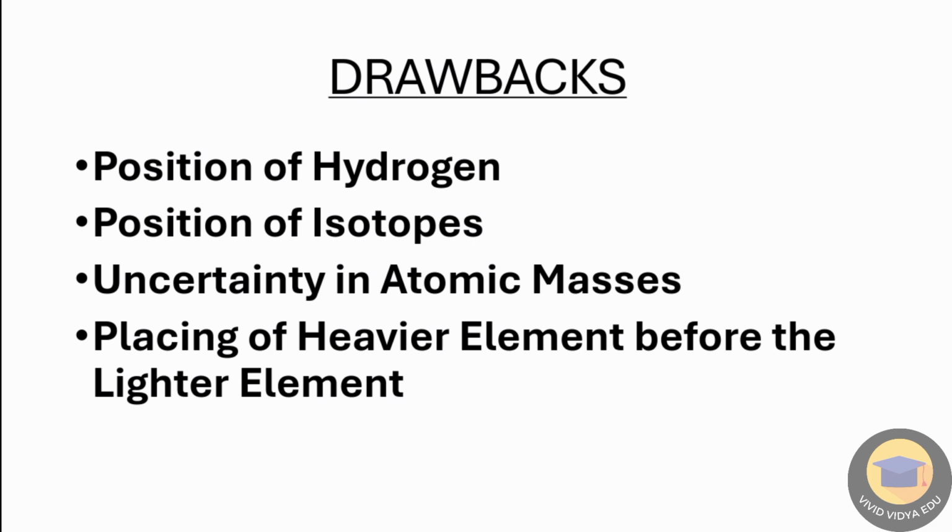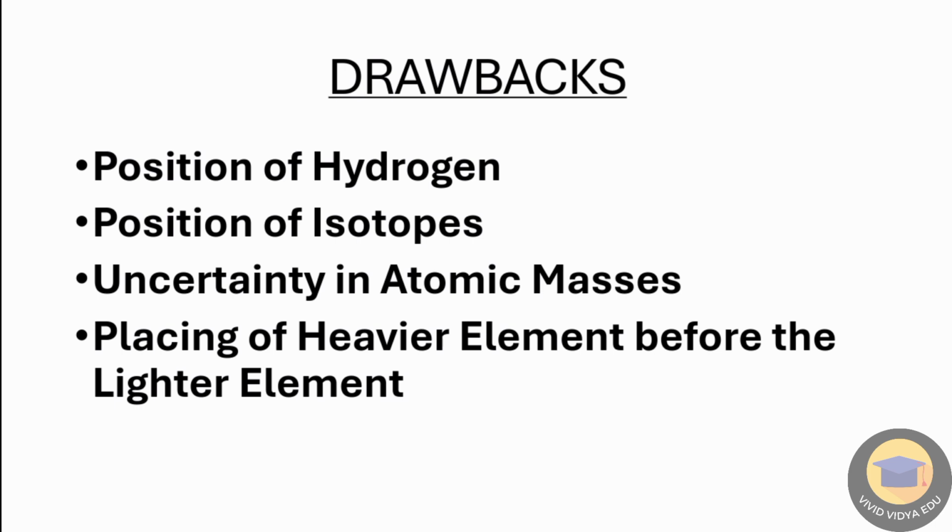Another problem was that the atomic mass does not increase in a regular manner on going from one element to the next. Placing of heavier elements before lighter elements: a few elements that possess higher atomic mass were placed before elements having a lower atomic mass. For example, argon with a mass of approximately 39.9 was placed before potassium, whose mass is approximately 39.1.